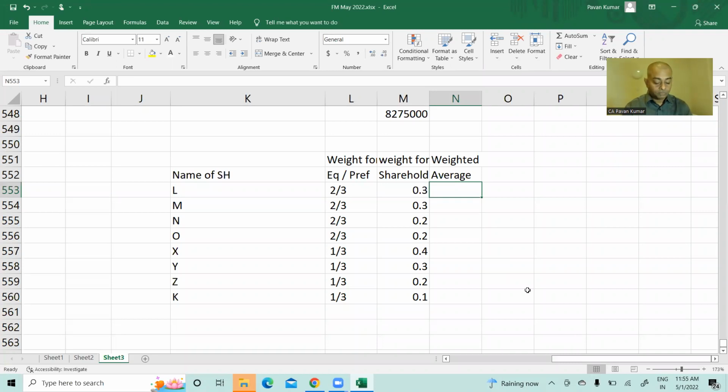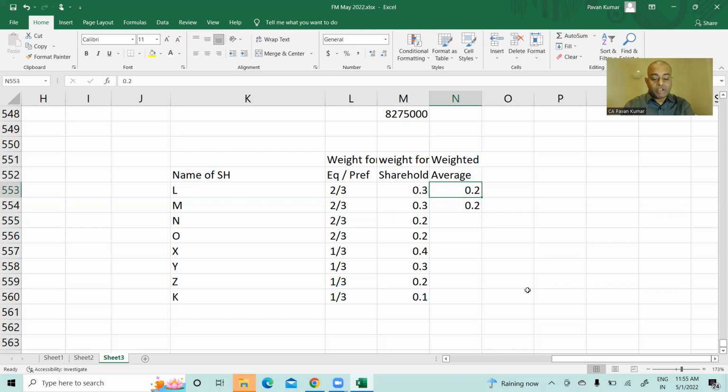Sir, 0.2. So 2 by 3 into 0.3 is 0.2. Very good. Next. 0.2. Next, it should be 0.13. Yes, sir.